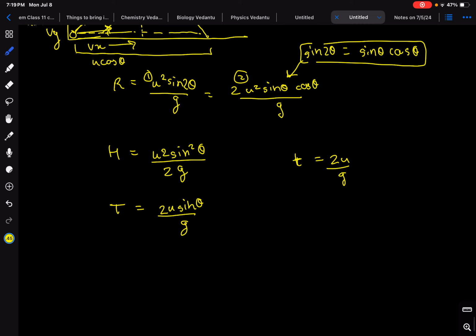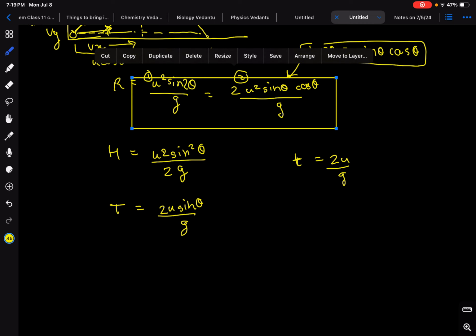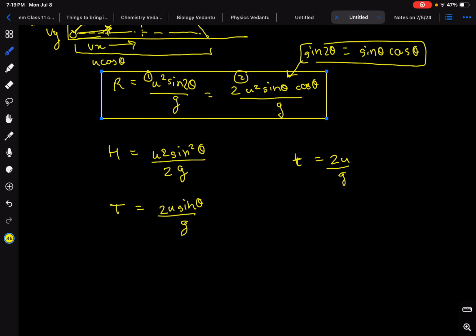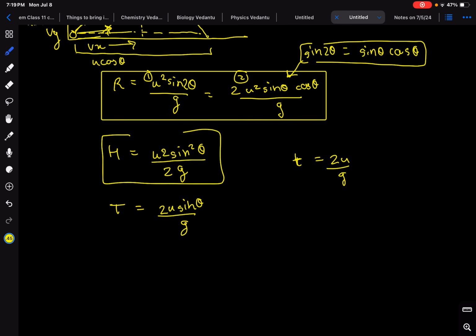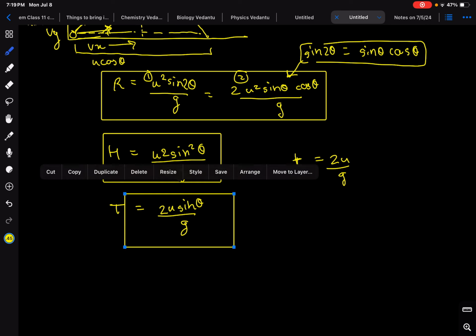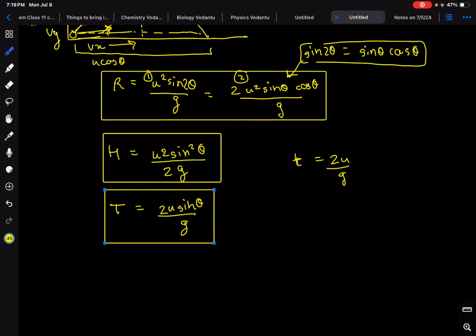So these are the three formulae that you need to remember. Very important. Alright, these are the three very important formulae that you need to remember.